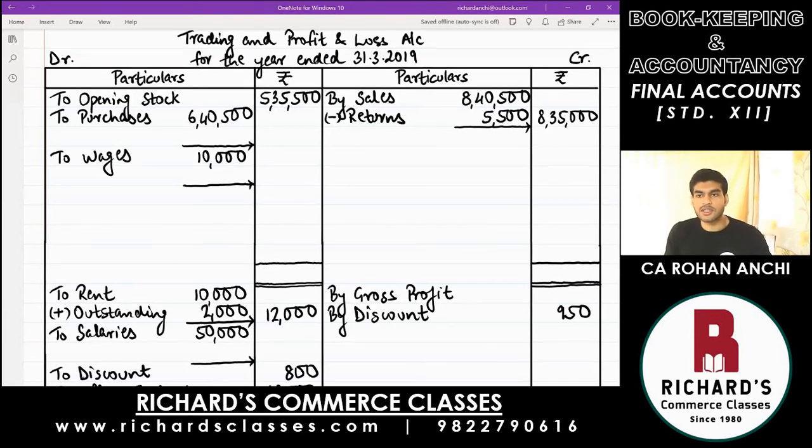And returns that you see in the credit, that is purchase returns. So deduct from purchases minus returns, 3,500. How much is net purchases? 6,37,000.